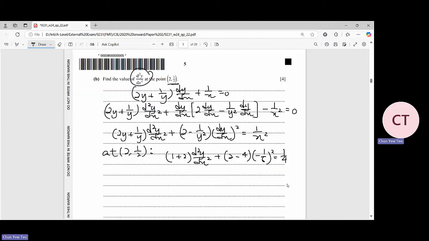So we just need to simplify it. 3 d squared y over dx squared. This one is negative 2 over 36, which is 1 over 18.